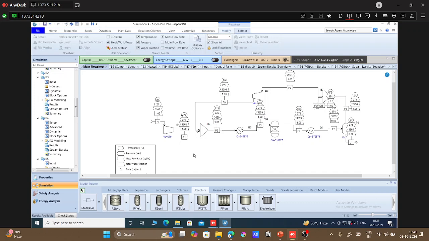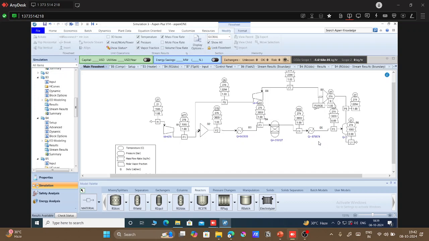So all this has a separate utility, which will add extra operating cost to our plant. But since we have energy being released from both the reactor and the second cooler, we can use that heat to provide energy to the first heater, right?